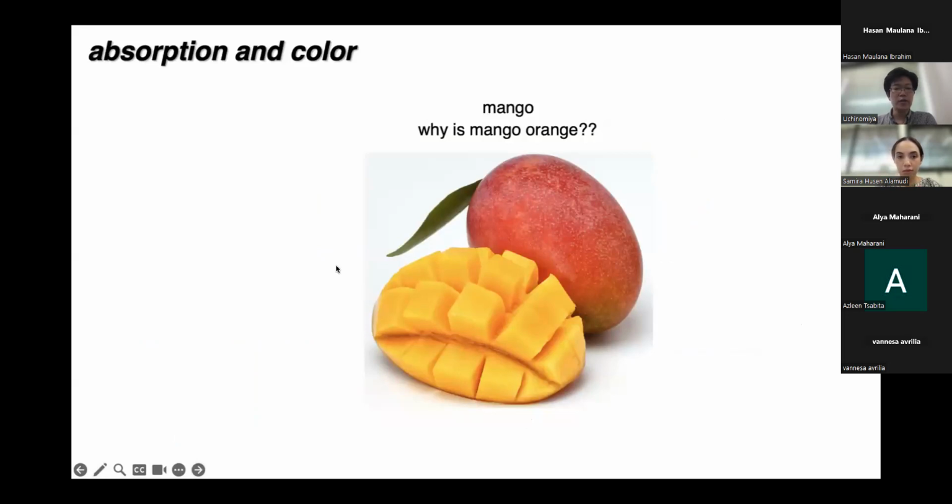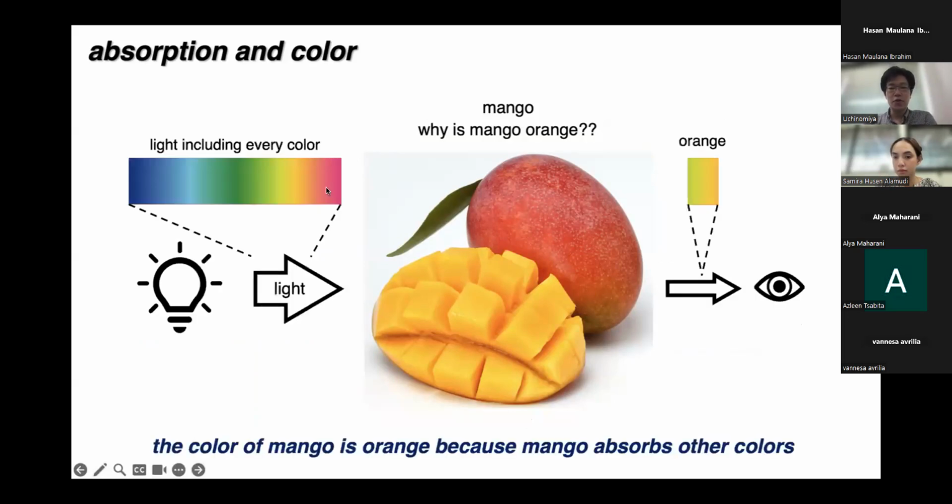Before talking about fluorescence, let's think again, why is a mango orange? Now you know it. This is because a mango absorbs colors except orange, which means a mango includes many organic compounds that absorb light.